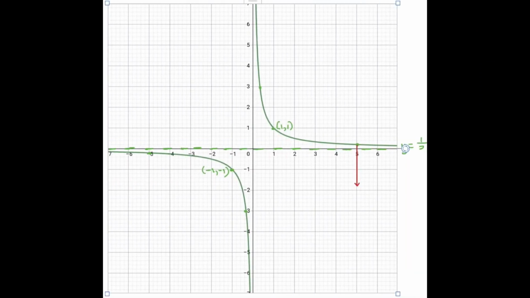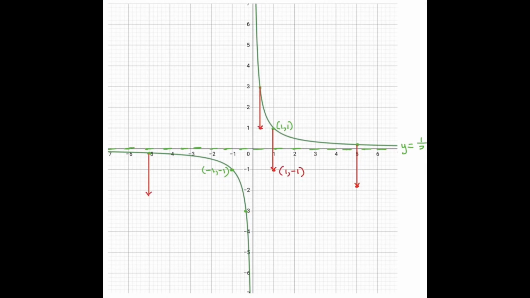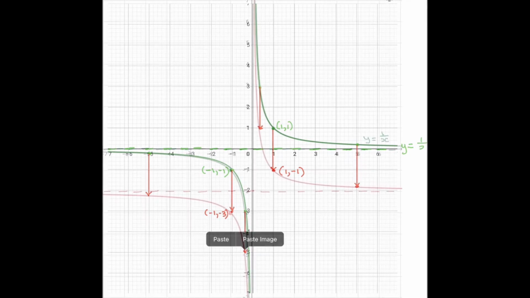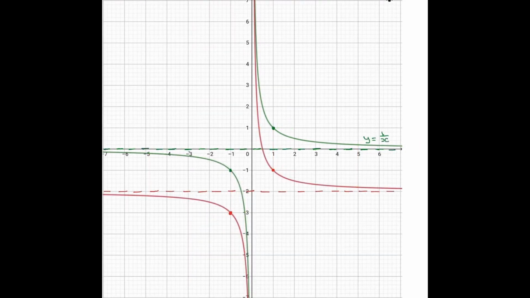A translation of 2 units down affects only the y values on the original curve, so it's best in this case to start with a version of the original function where y is the subject.